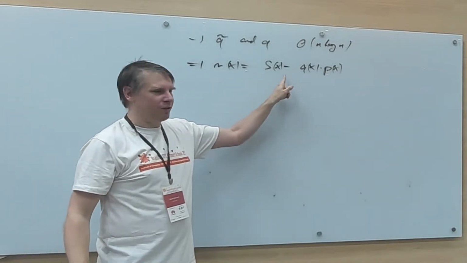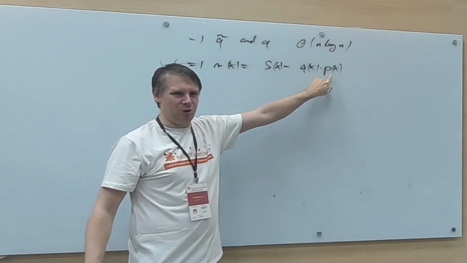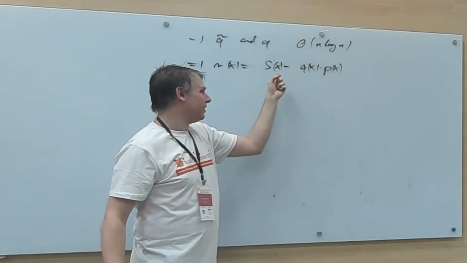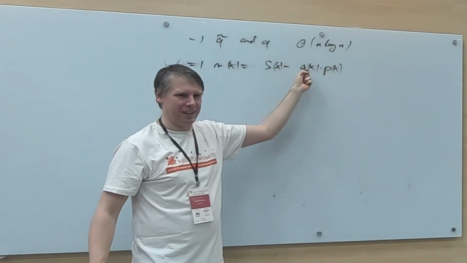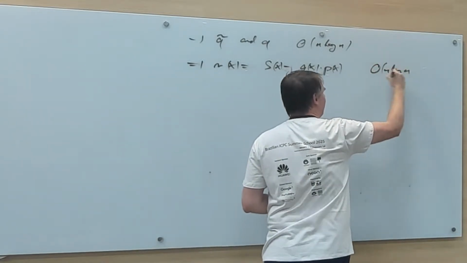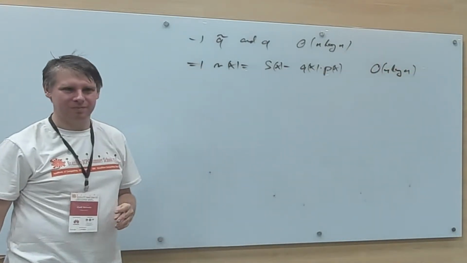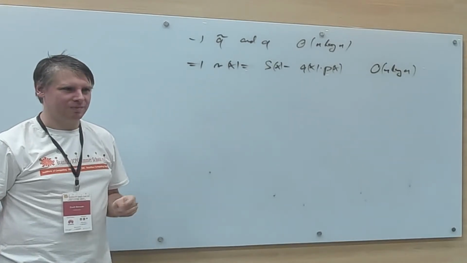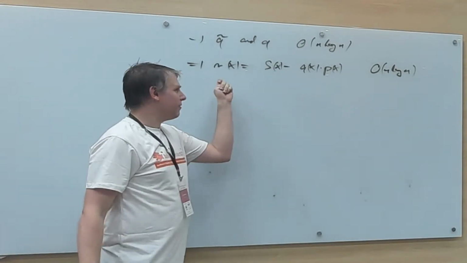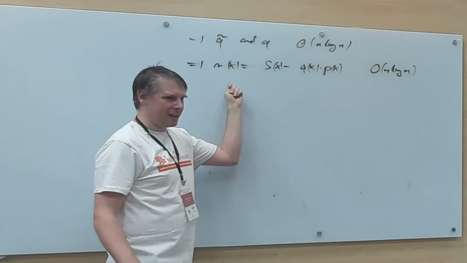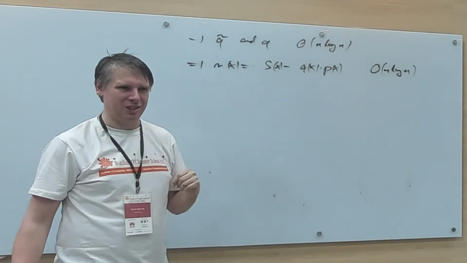You can now brute force it because this product is also O(n log n), and then you just subtract the polynomial, which is O(n). Okay, so we finally have the remainder. That's great. So now we are able to do the binary exponentiation.